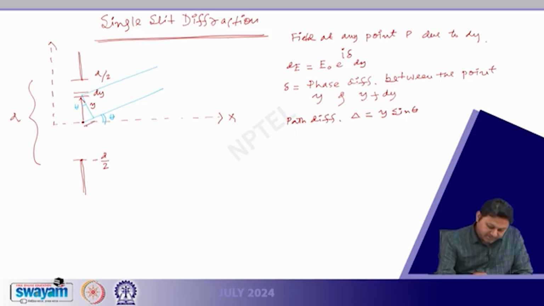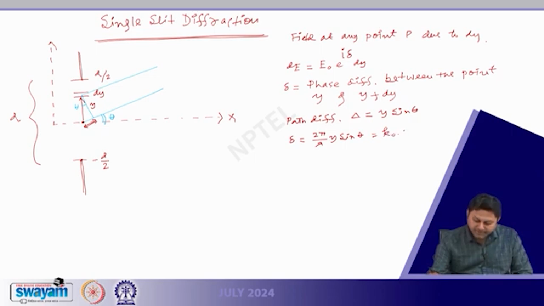So, this is the extra path difference we have, this value is y sin theta, and the phase difference comes out to be 2 pi by lambda y sin theta, or it is simply k naught multiplied by path difference delta. So, that is the phase difference.